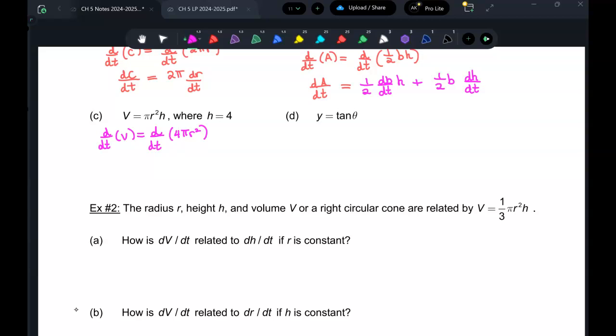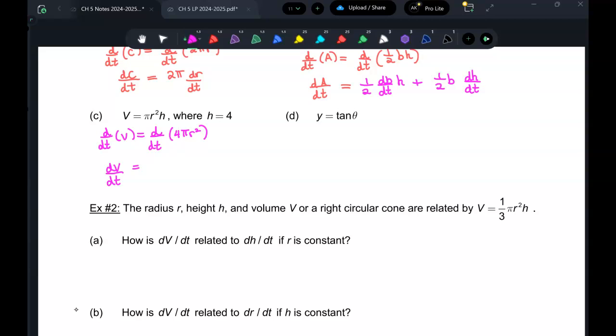If I know one of my values, I can plug that in before finding the derivative. So on the left side, I'll have dV dt. On the right side, I don't have to worry about doing a product rule because 4 and pi are just a coefficient. Pi is not a variable, it's a constant.